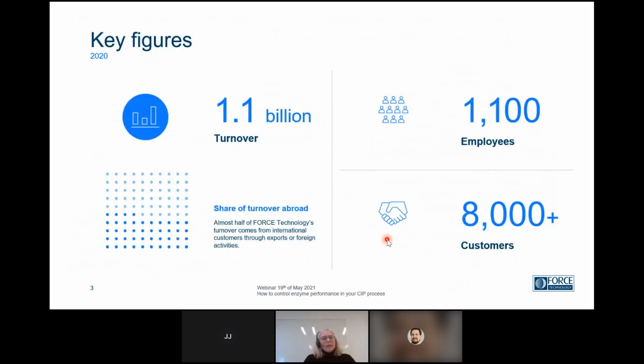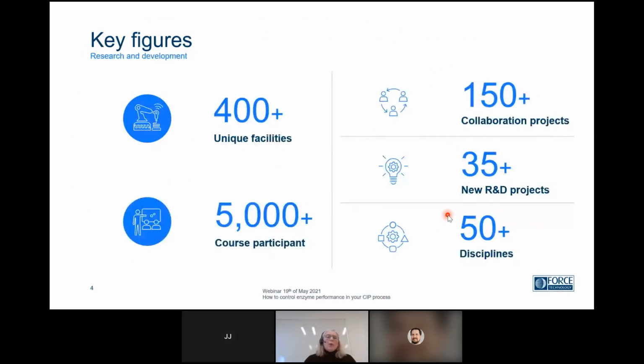Very shortly about the key figures. This is from 2020. We have a turnover of 1.1 billion, and almost half of this turnover is from abroad. This is customers from international companies. We are 1,100 employees. We have more than 8,000 customers worldwide. We have more than 400 unique facilities.